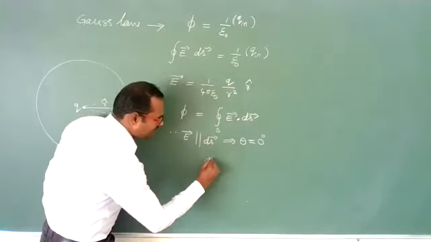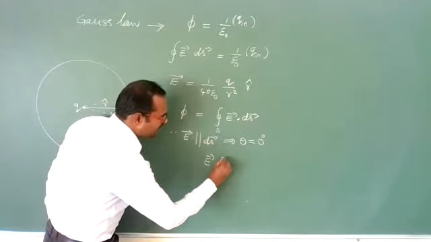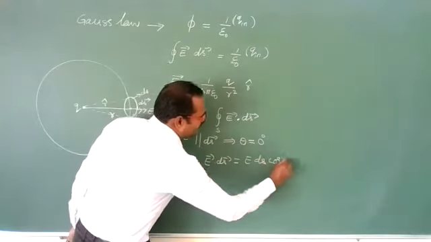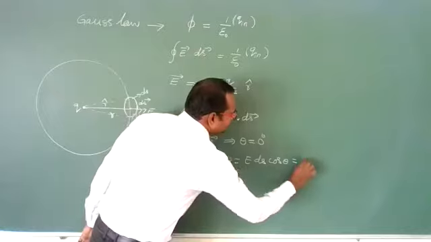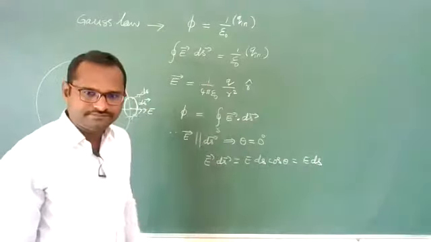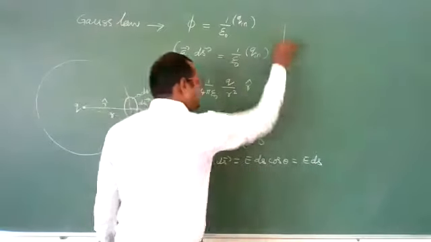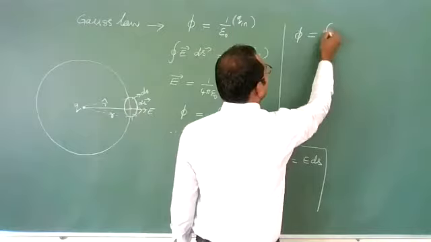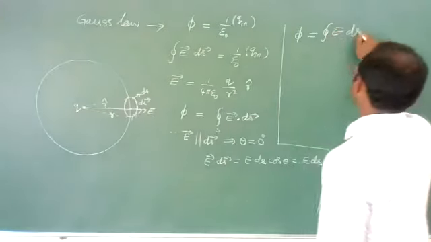Then E bar dot ds bar becomes E ds cos theta, that is nothing but E ds, and cos 0 is 1. So electric flux phi is equal to the surface integral of E ds.